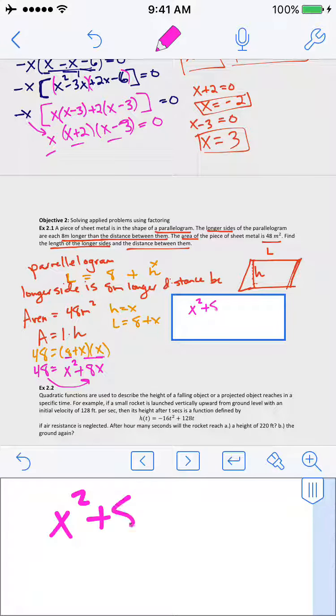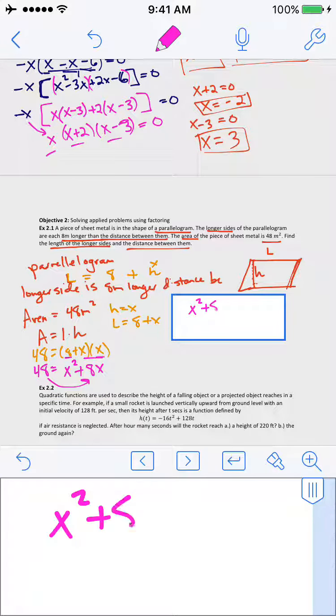Okay, so let's factor it. Two numbers that multiply to negative 48 and add to 8. We'll go with 12 and 4. Positive 12 and negative 4. So let's factor that. I get x squared plus 12x minus 4x minus 48 is equal to 0.